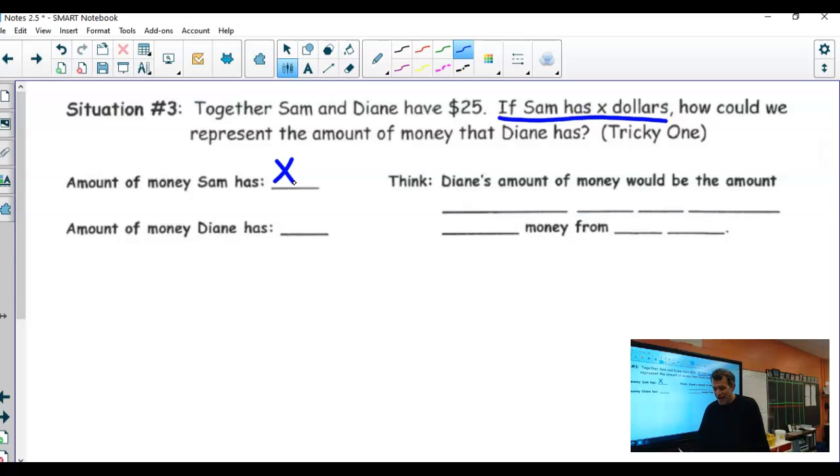All right, this is a common problem. A common problem is you have two amounts that add up to something. In this case, they add up to $25. Together, they have $25. So if one of the amounts is X, how much is the other amount?